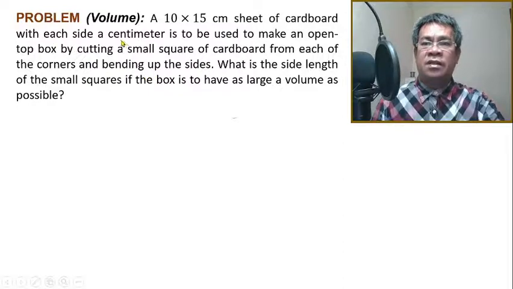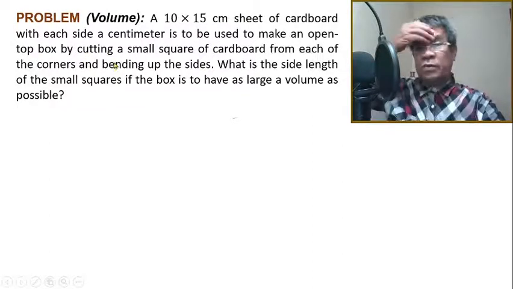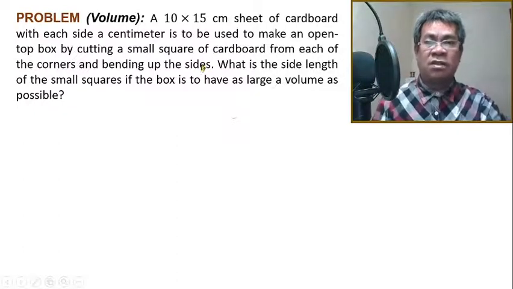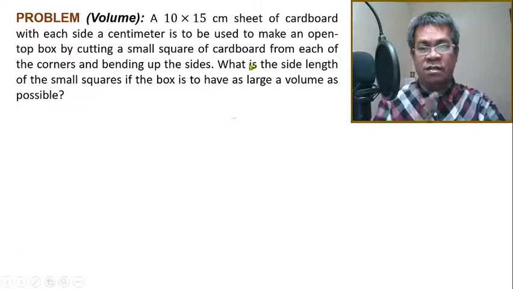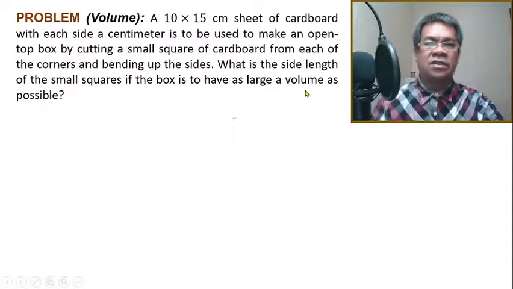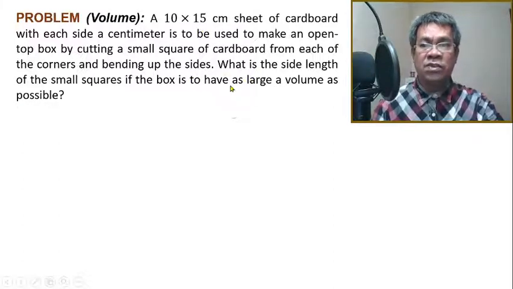Okay? Then, since we are constructing the open box, we have to cut small squares at the corners of the cardboard. If you cut the four corners of the cardboard with squares of the same size, then you form an open box when you fold up the sides.